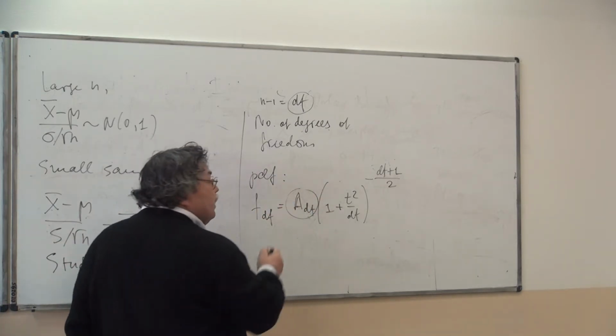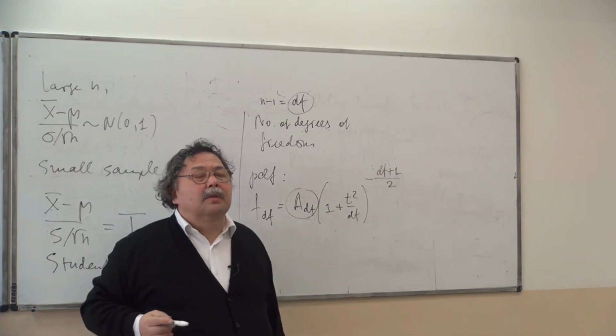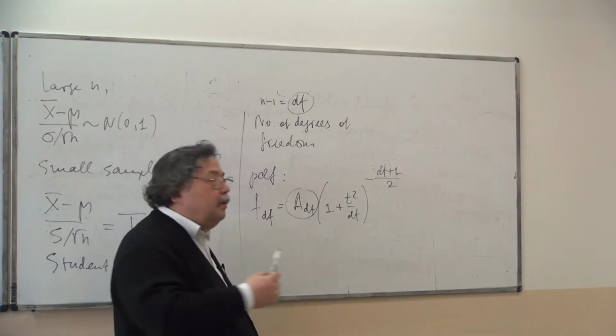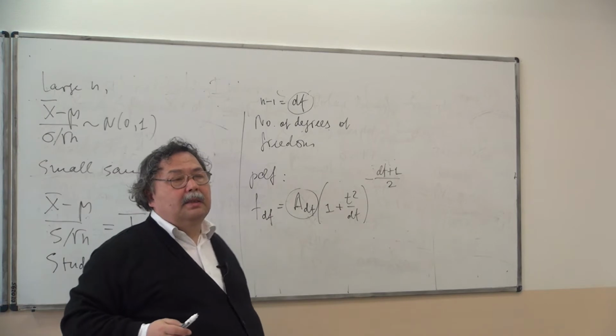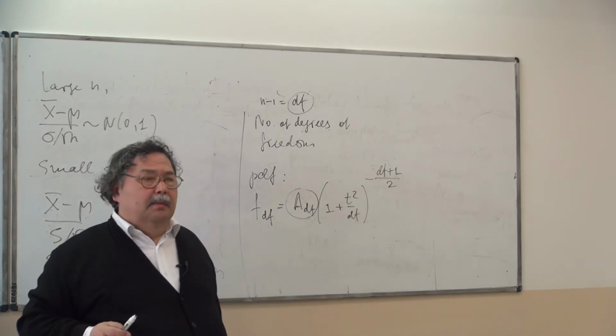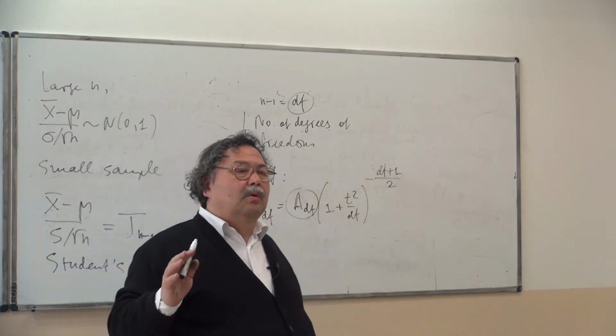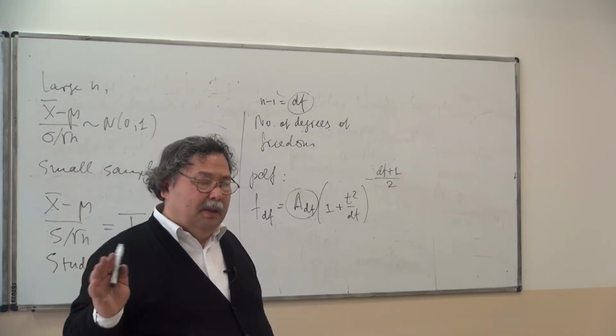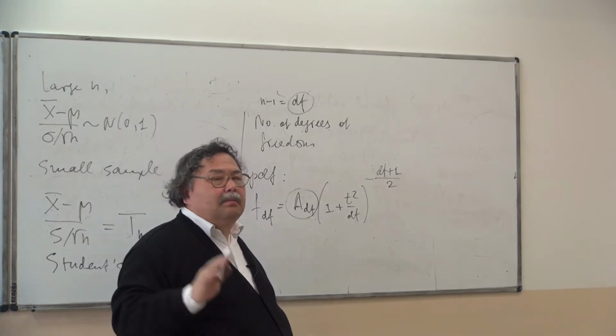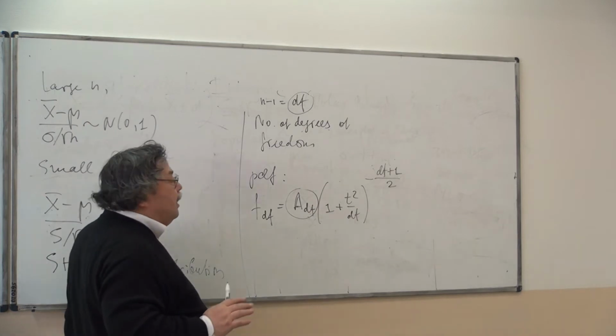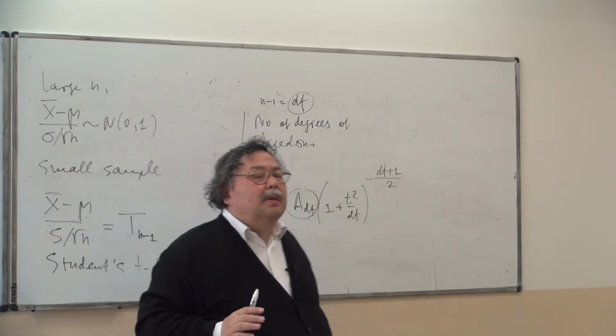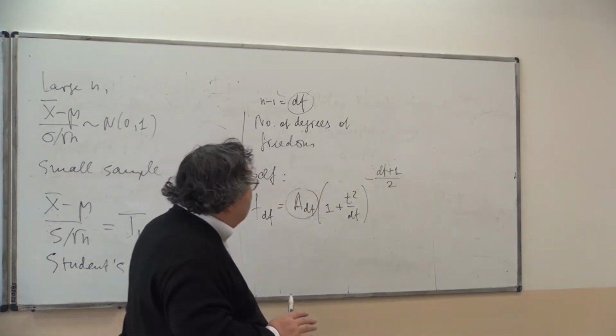I'm not writing this coefficient. It's a constant coefficient, a normalizing coefficient here. I'm not writing it in detail. It's rather messy. It's expressed through the so-called gamma function, which is not an elementary kind of function. And I'd rather not write it here. Again, if you're interested, please look it up in some textbook.